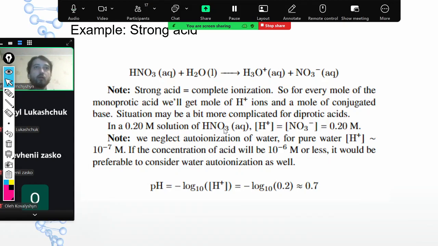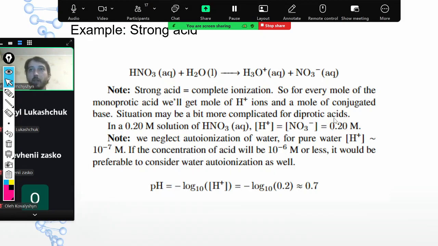If you remember, for water there is much less. The H pluses that come from water are something like 10 to the minus 7 moles per liter. So that's negligible. I can forget about it. But if the concentration of acid is something like 10 to the minus 6 moles per liter or less, it would be preferable to consider water auto-ionization as well, but here we can drop that.